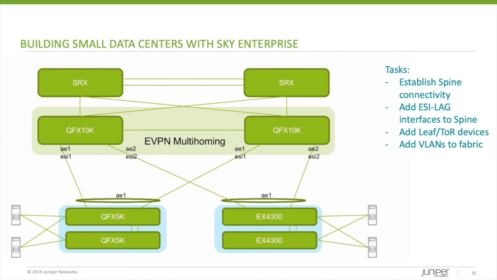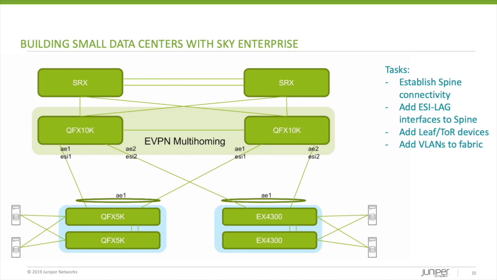What we've got here is an example of what some people would put in place in a small data center for a spine and leaf aggregation and top of rack switching infrastructure, and how we might be able to manage that through Sky Enterprise. So we add the devices to Sky Enterprise just like any other device. We put the configurer on and then we can manage them.